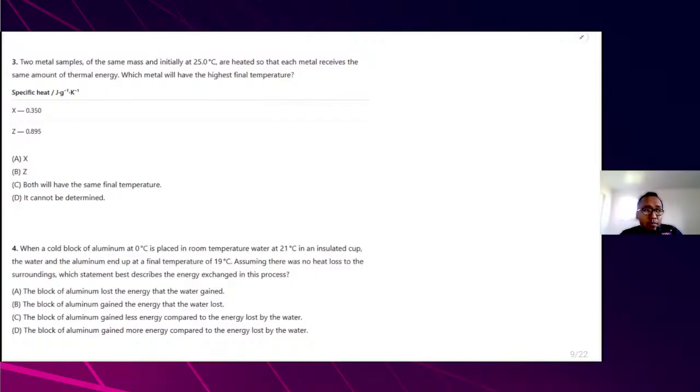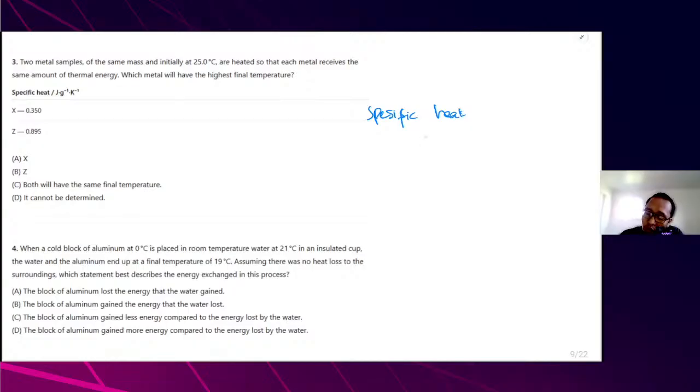Specific heat, like I mentioned before, tells us how much energy is needed to raise the temperature of 1 gram of a substance by 1 degree Celsius or 1 Kelvin.